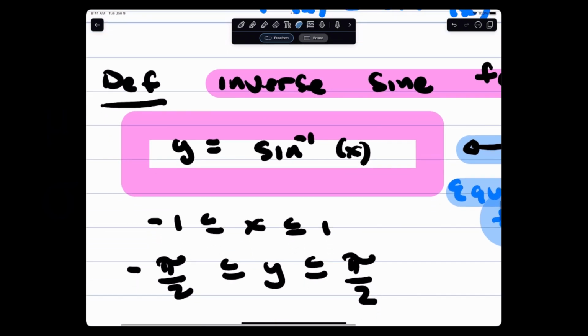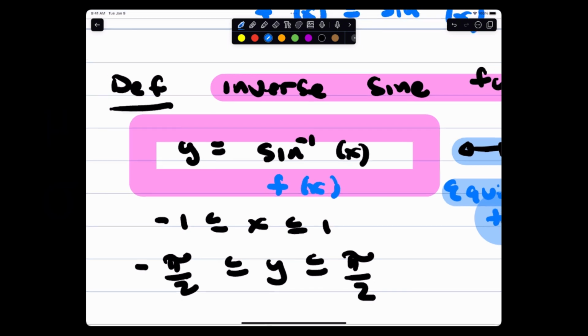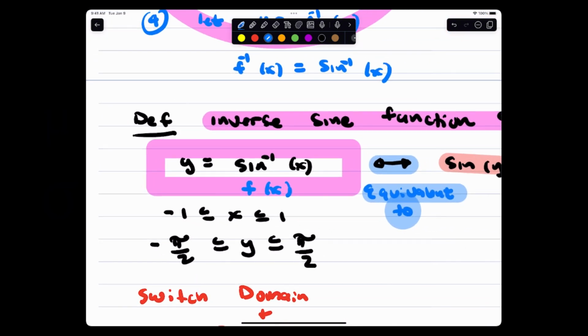Your inputs are going to be between -1 and 1, and the outputs are between -π/2 and +π/2. We're going to see this as its own function. In other words, we think of this as f of x as well. This is a new f of x. It's a function. It's in the family of functions. Behaves like functions. And it has graphs where x is horizontal and y is vertical.